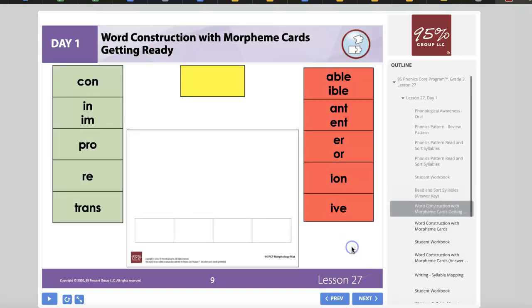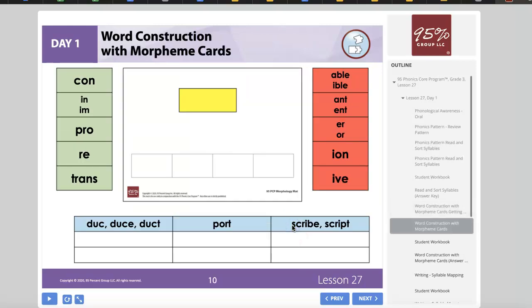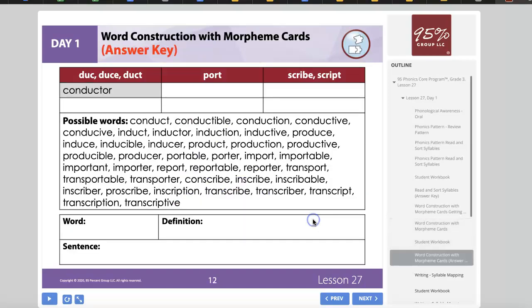All right, now let's take a look. We have some different morphemes on the screen. We have duck, duct, port, scribe, script. So we are going to look very quickly. I see the word conductor. Okay, so we have conductor filled out.